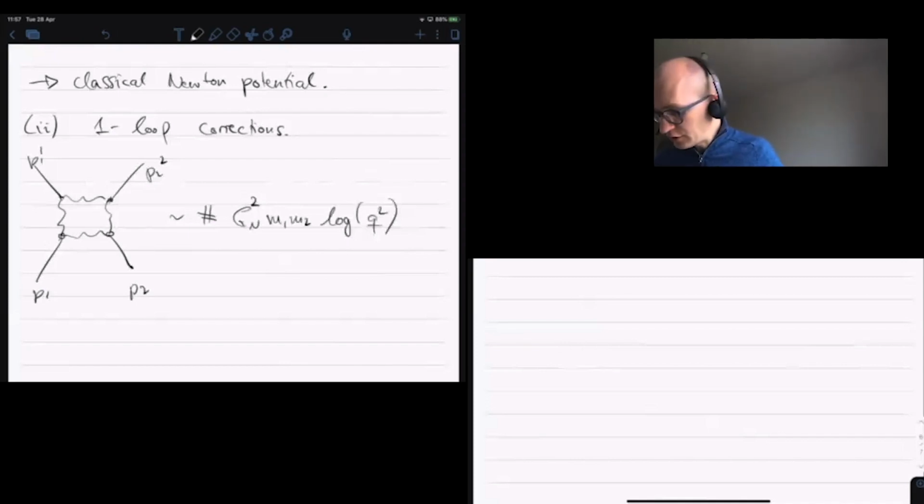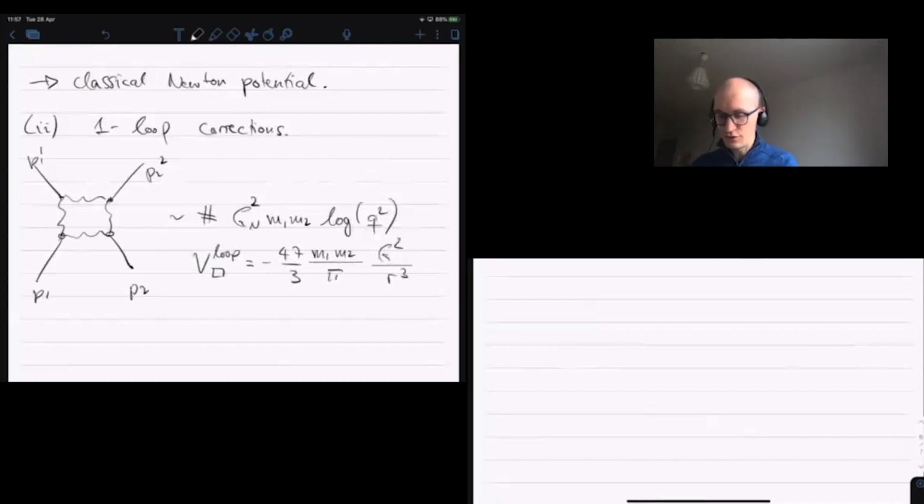So this would give you a contribution, V loop from the box, which if you do the calculation gives you minus 47 over 3 times m1 m2 over pi times G squared over r cubed. This is a subleading correction to the Newton potential of order G squared over r cubed.